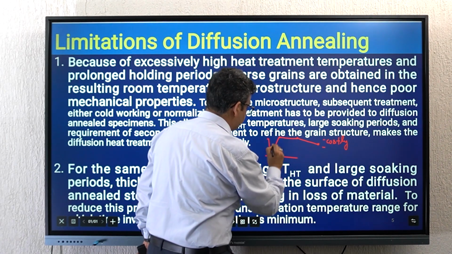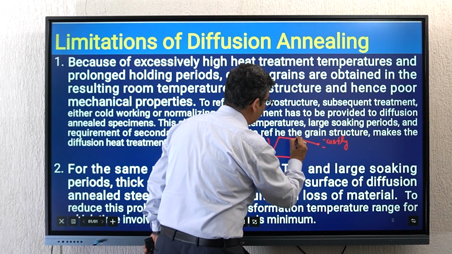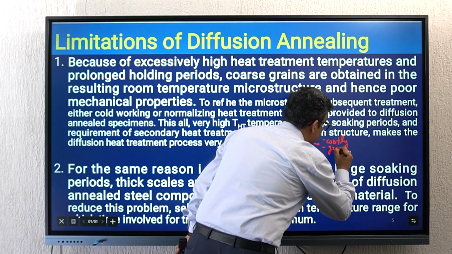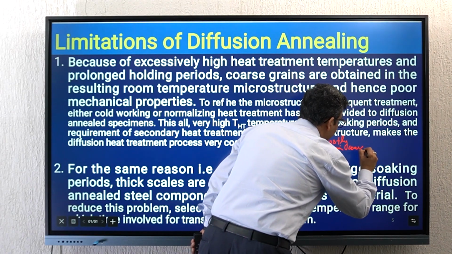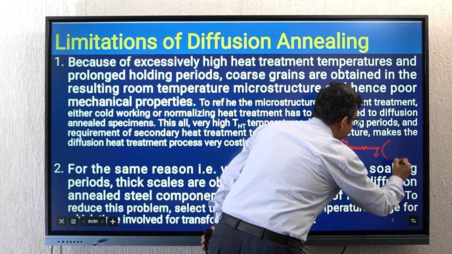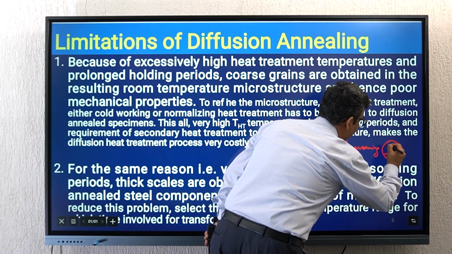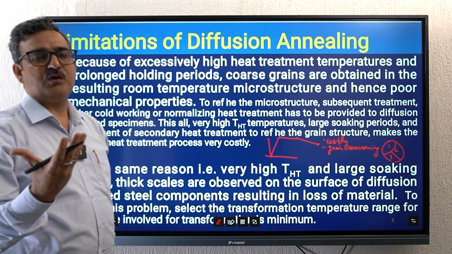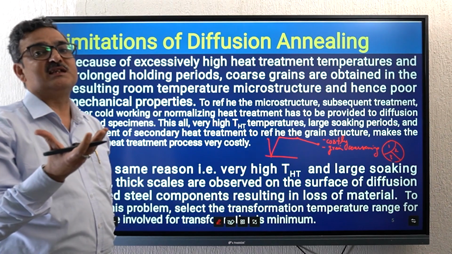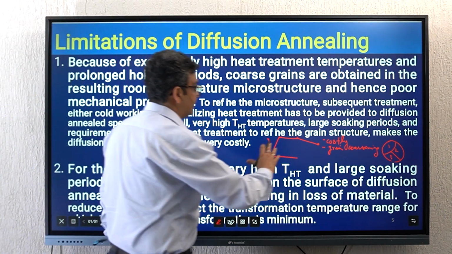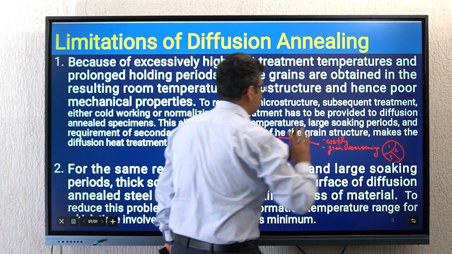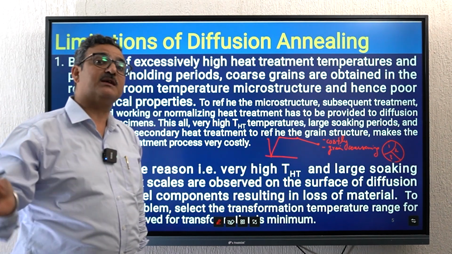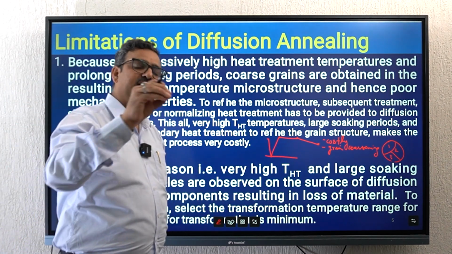Secondly, because of exposure to such high temperatures for such prolonged holding periods, for such slow cooling, grain coarsening, students, takes place. And if grain coarsening has occurred, a grain structure with very coarse grains would be seen. Mechanical properties come with fine grains present in the microstructure. So if excessive grain coarsening has taken place, you will always have to subject your steel to a subsequent treatment after diffusion annealing has been given.